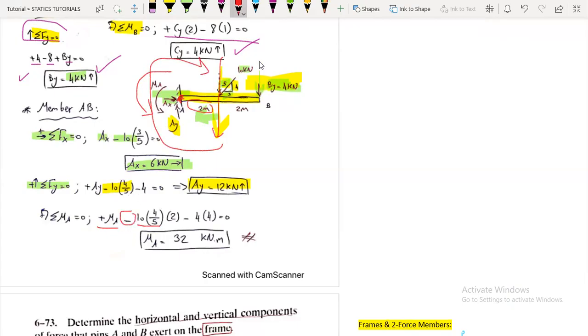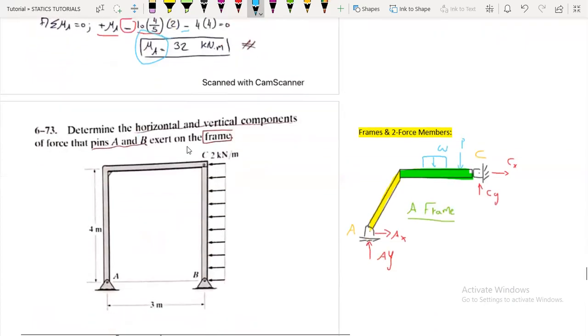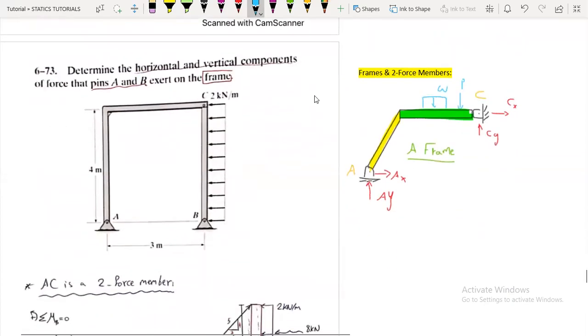Okay, and finally this force by the distance, which is 4 meters. Okay, and it is rotating also clockwise, so it is negative, and we get the moment at A. Okay, clear?